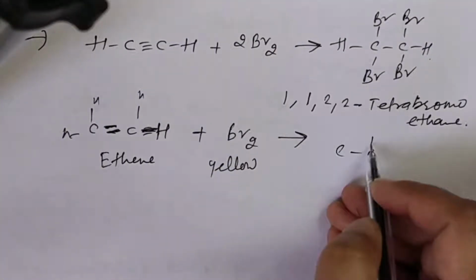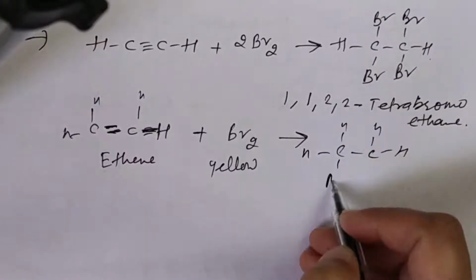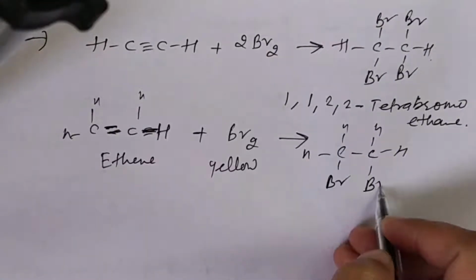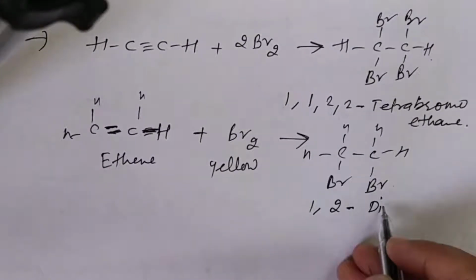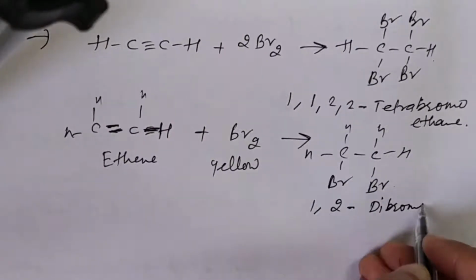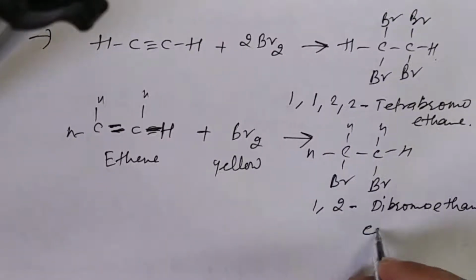See here, it will be converted into a saturated compound. This is called 1,2-dibromoethane, and it will be a colorless compound.